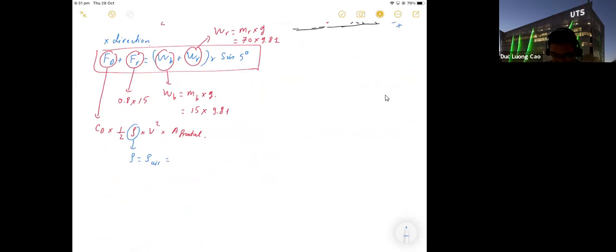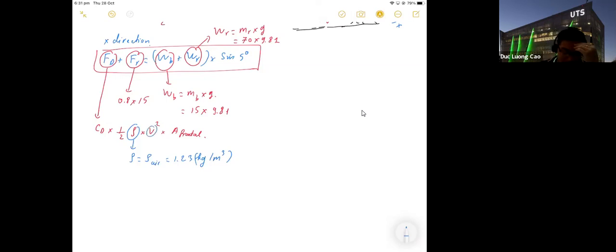So this will be equal to 1.23 kilogram per meter cubed, the air density at standard condition. You remember in lab 2, you had the cylinder with airflow over it. The drag force in that case is a force from the air applied to the cylinder. So the density here is the density of air.